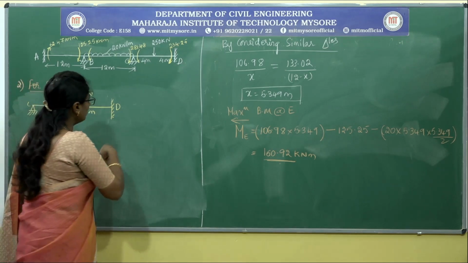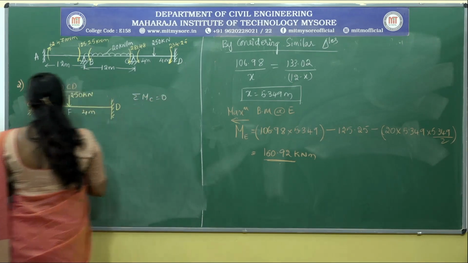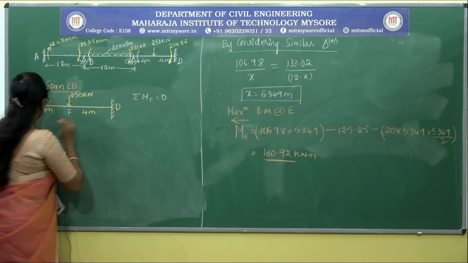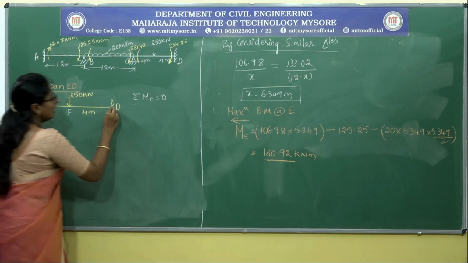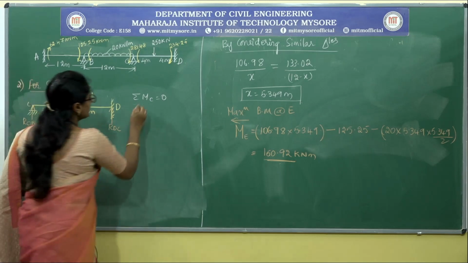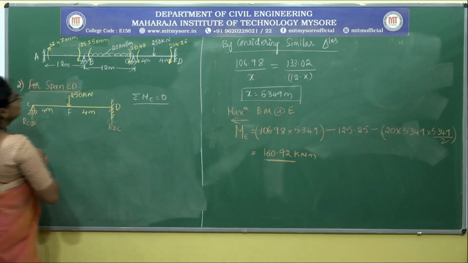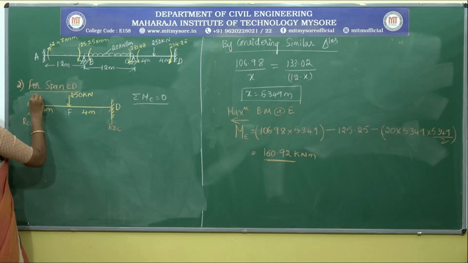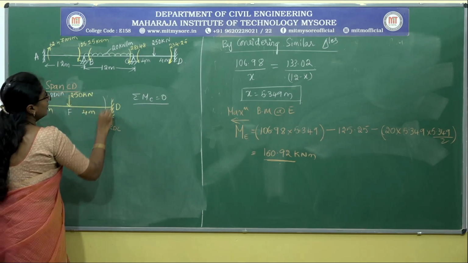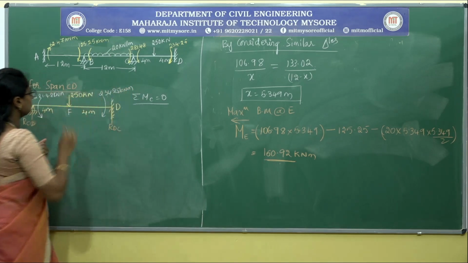Before that, we have to consider the sum of all the moments at C equal to 0 in order to calculate the reaction RCD and reaction RDC. So we have to even consider these moments, 281.58 kilonewton meter and 234.25 kilonewton meter.